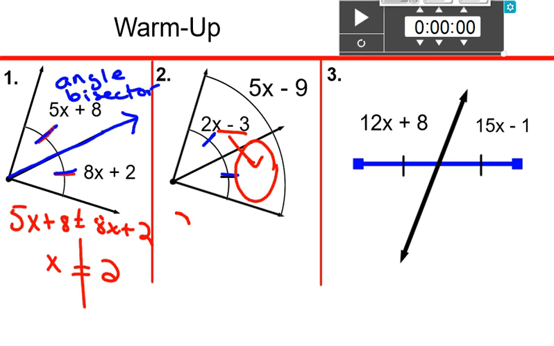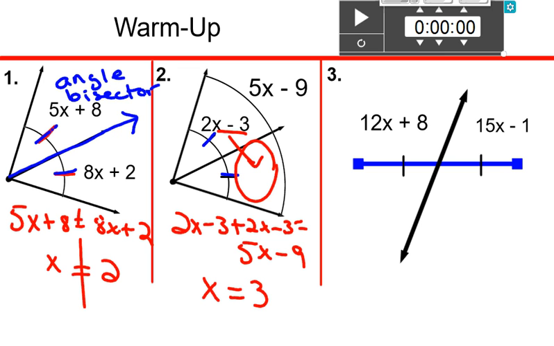So I need 2x plus 3 plus 2x plus 3 has to equal 5x minus 9. So that's how your equation should be set up, and when you go ahead and solve for it, your answer comes out to be x equals 3. So go ahead and solve and check your work. Make sure you come up with the same answer I do.